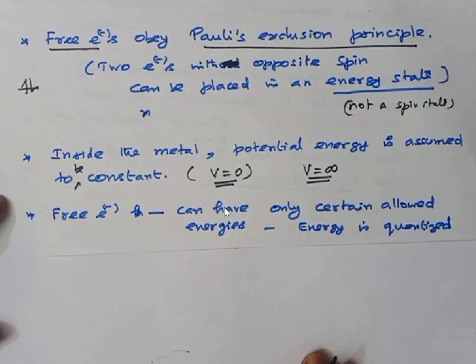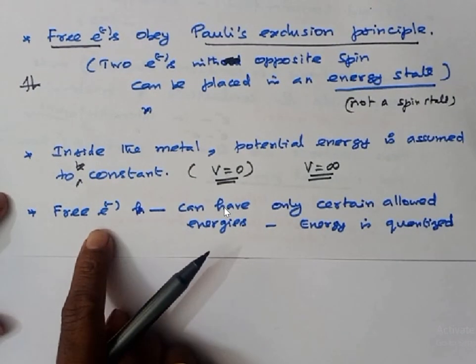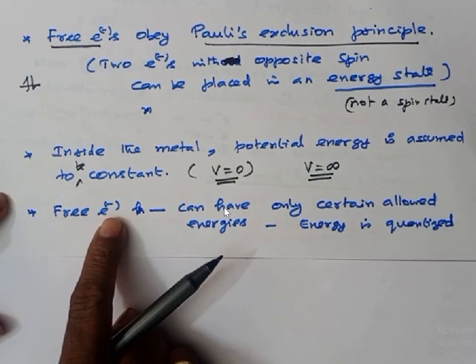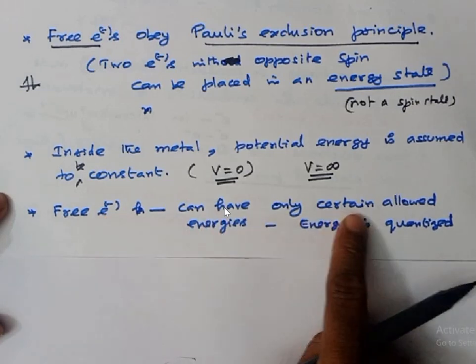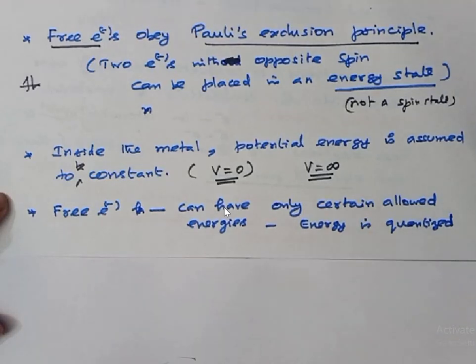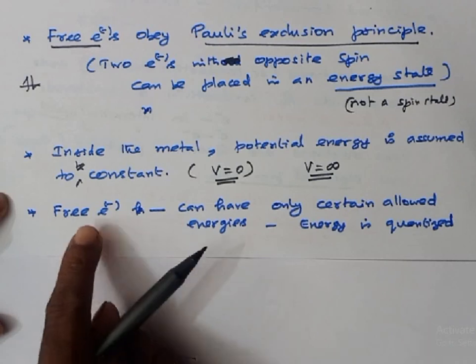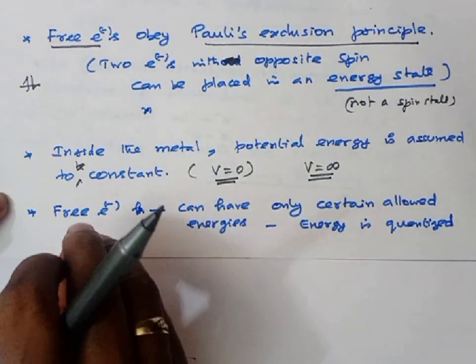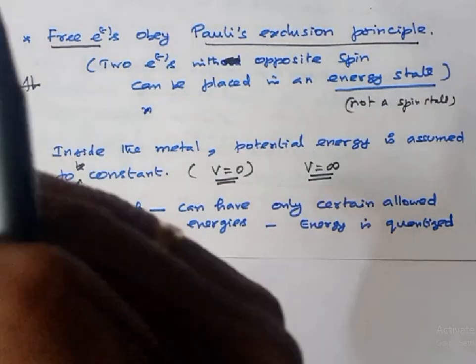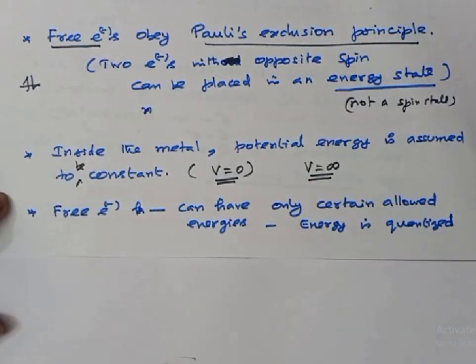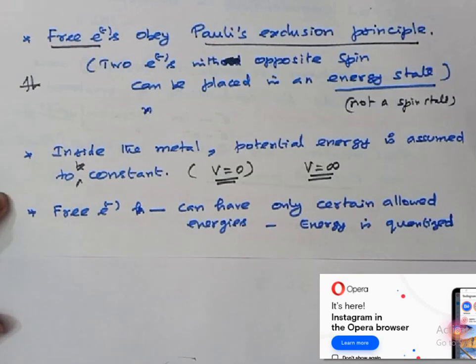So this is another important point. Keep this in mind. Then the last point I would like to give here: the free electron can have only certain allowed energies. They cannot take just any energy, because we are going to use quantum mechanics for the free electrons. So only certain energies are allowed; the free electrons can be present only in certain allowed energy states.